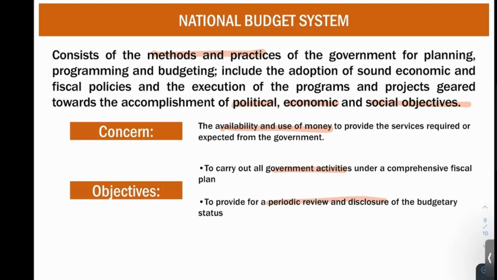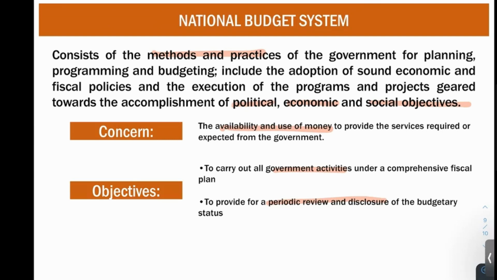So for the first one, you already know that one. We said that is for your operation. So it looks into your operational efficiency, fiscal discipline, allocative efficiency. You already know that. Now, as to the second one, periodic review and disclosure, this talks about accountability and management.